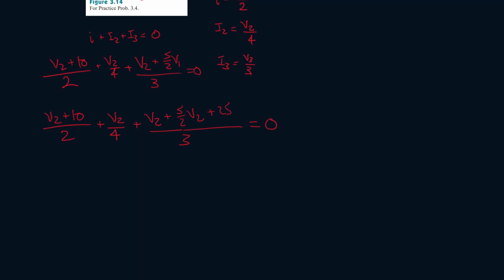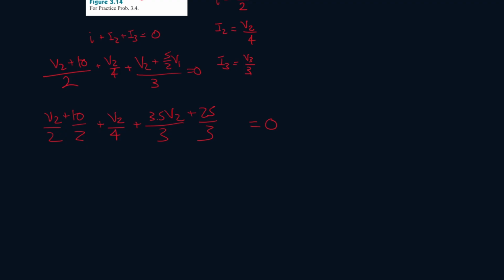And then V2 plus 5 over 2, that's 7 over 2 V2 plus 25. Okay? Now 7 over 2, if I'm not mistaken, that should be 3.5. So that's 3.5 V2. And let's break this up. And same here, let's break this up.